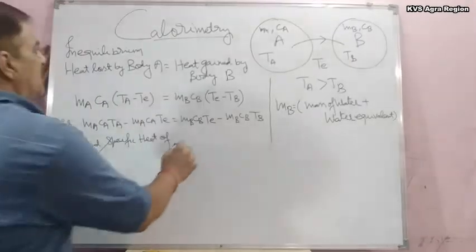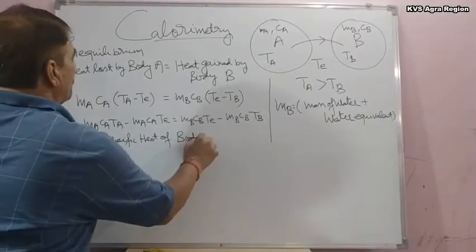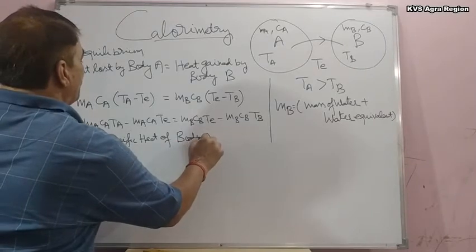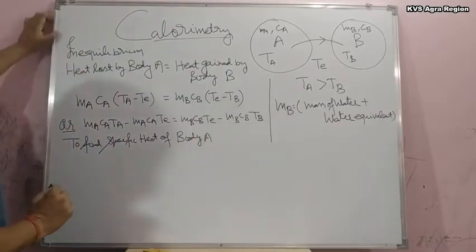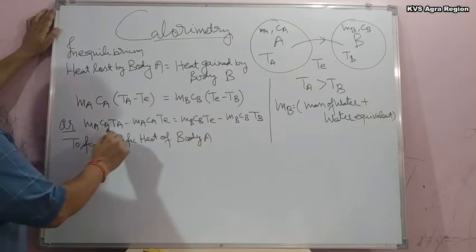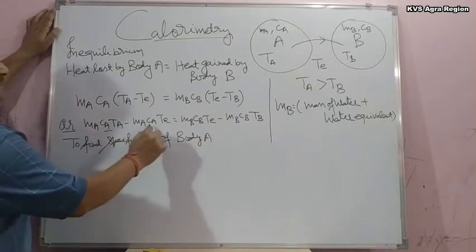So now we can use this process of calorimetry either to find the specific heat of material A. What we need to do is take this CA common.